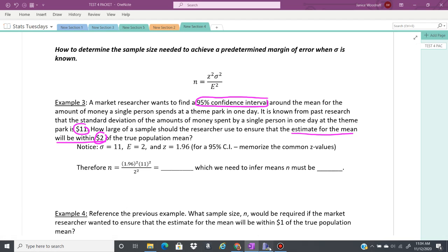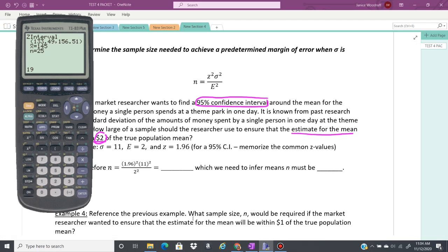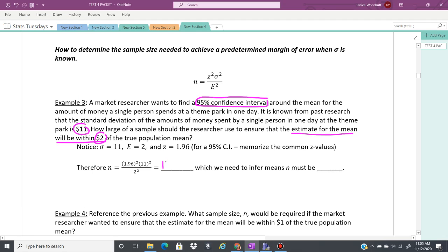So let's see here. 1.96 squared times 11 squared, and then divided by 2 squared, which is 4. So 116.21, which means we need to infer that the sample size must be 117.